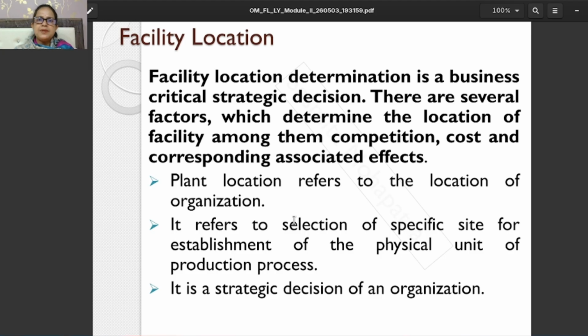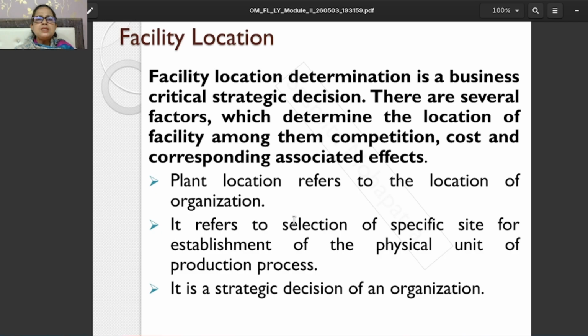To produce a product or to provide a service, we need to have some space, a place where we can establish the plant or provide the service to the customer. For that we need a suitable place. That is called the location. What is the best place to provide the service, or the best place to manufacture the product? That is called the location.